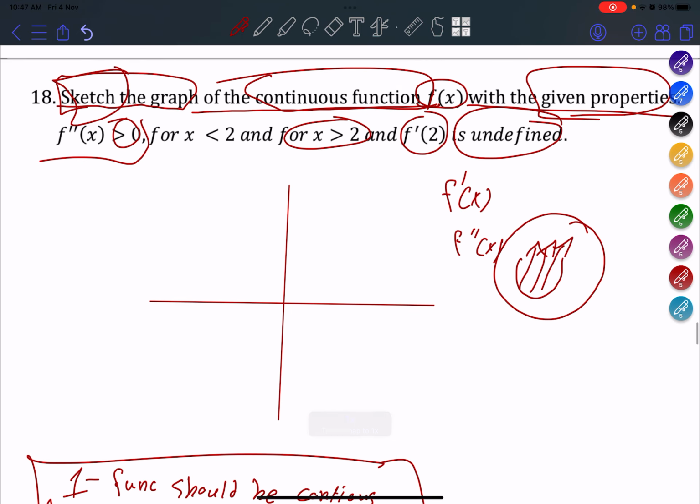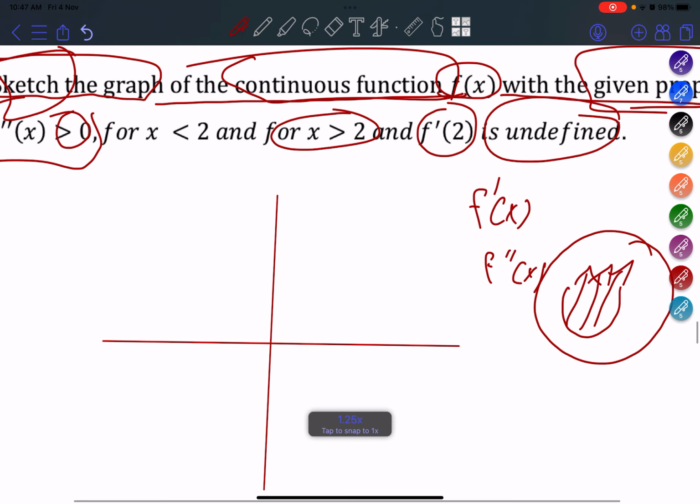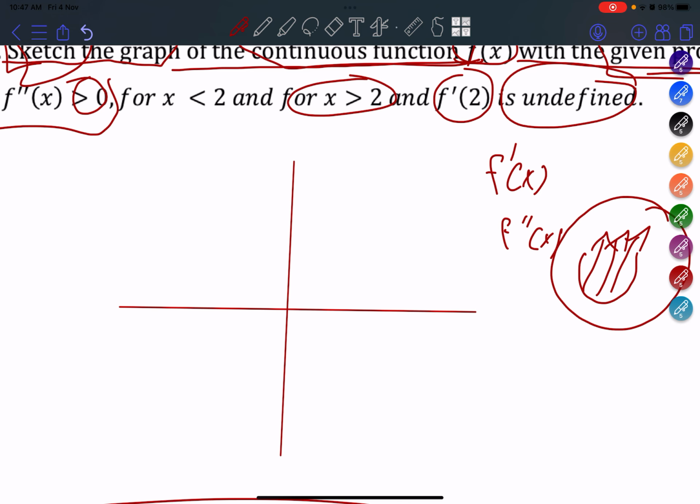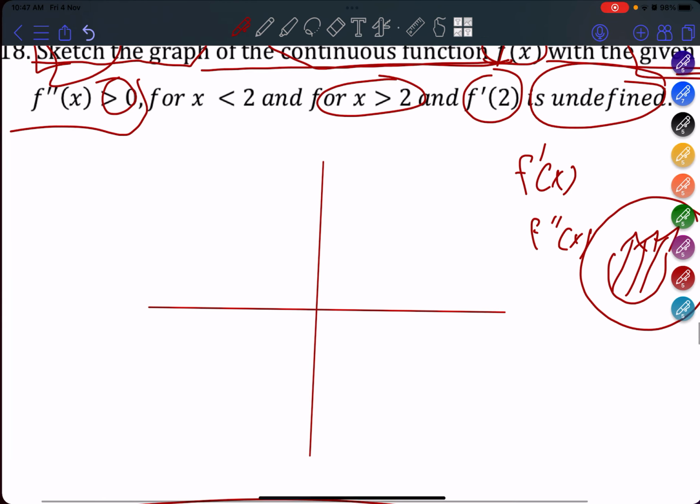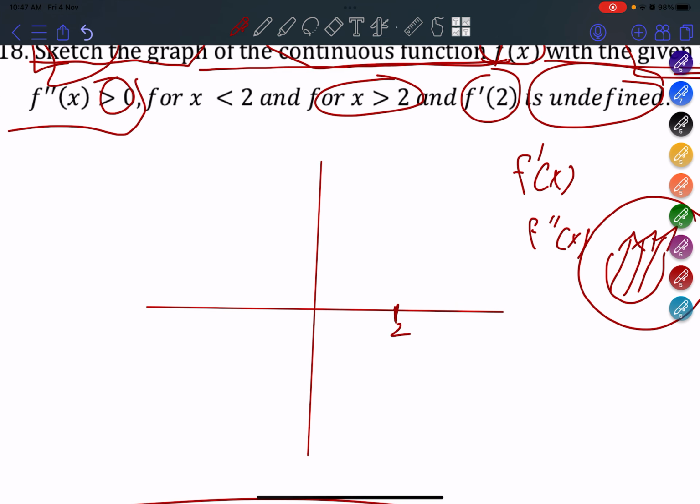So here they told us that the function is concaving up for x less than 2, okay? So let's say that this is the point 2. Any point behind that should be concaving up. So let us write it like this, see? Some students make a mistake of making the function like this, but that shouldn't be the case.